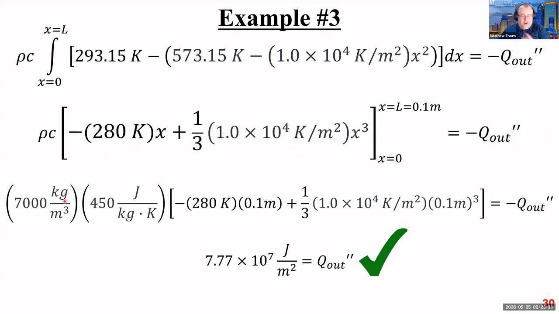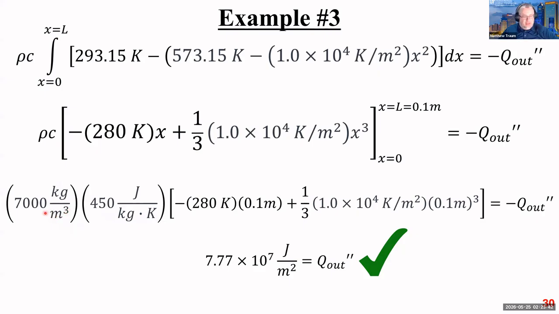So, okay, here I'm just plugging in numbers. So here's my density. Here is my specific heat. Those two values are given. Notice kilograms cancels kilograms. Joules and kelvins are preserved. Meters cubed.